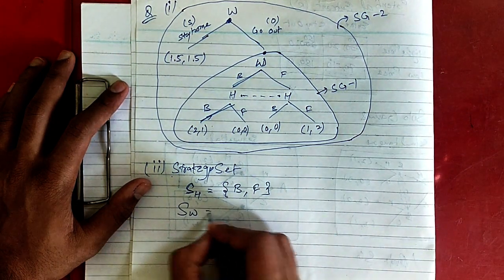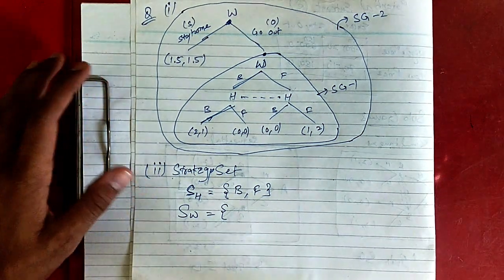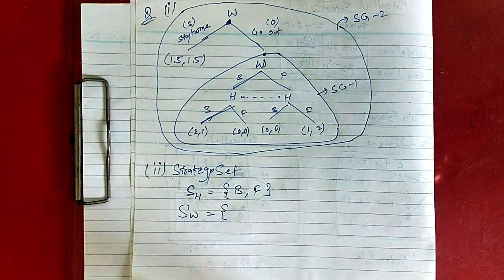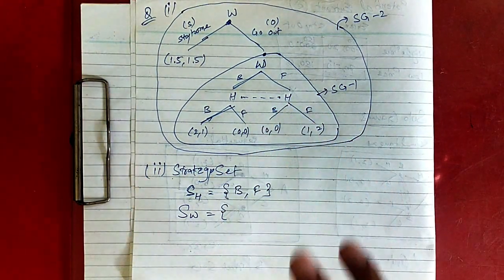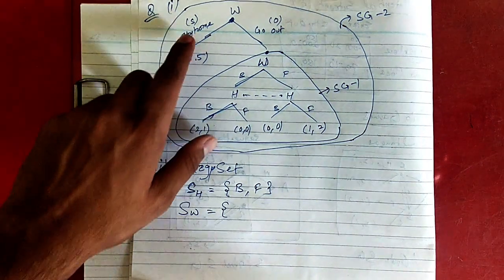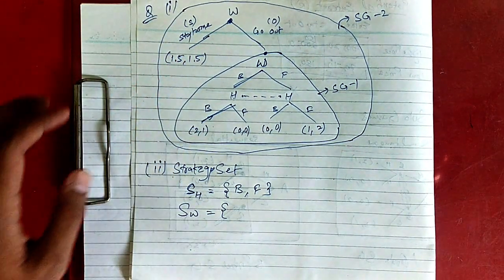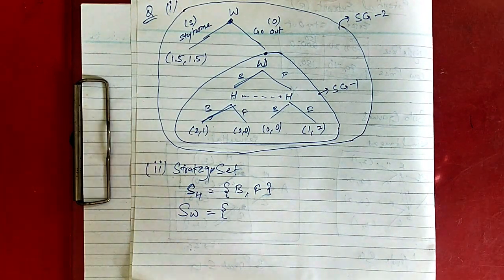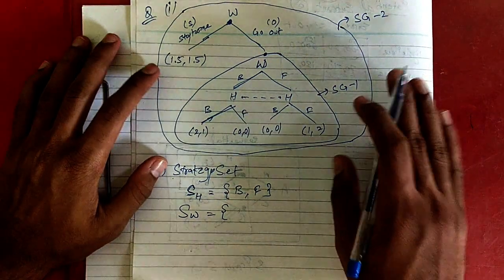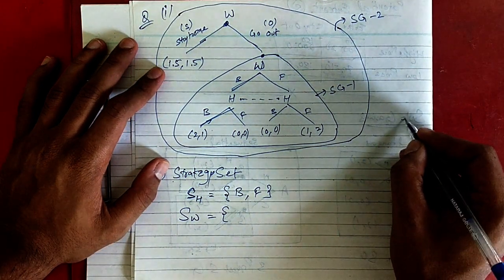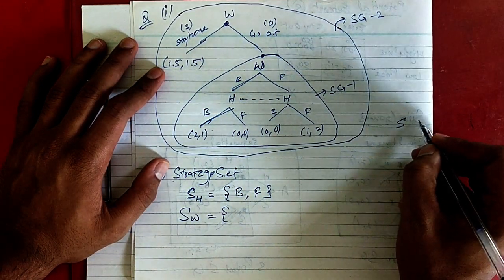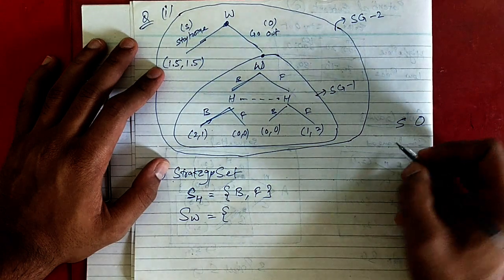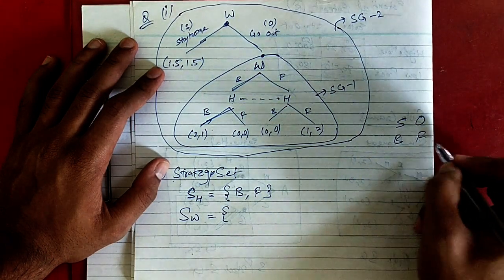Now we come to the strategy set of the wife. What choices does the wife have? There can be four choices, and I'll tell you how the four choices come. The wife has four options: the first choice is between stay home and go out, and the second choice is between ballet and football.